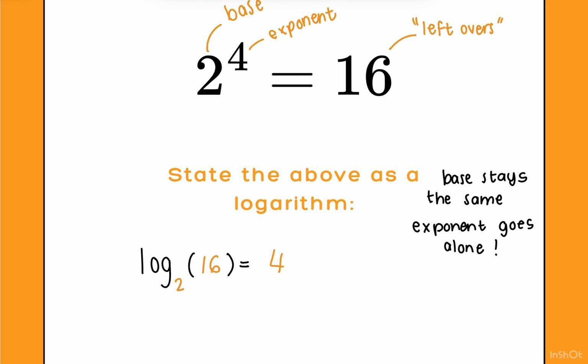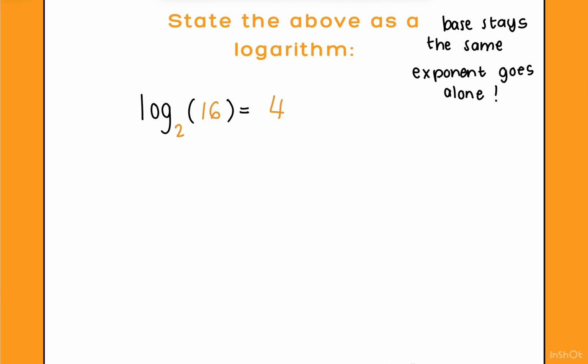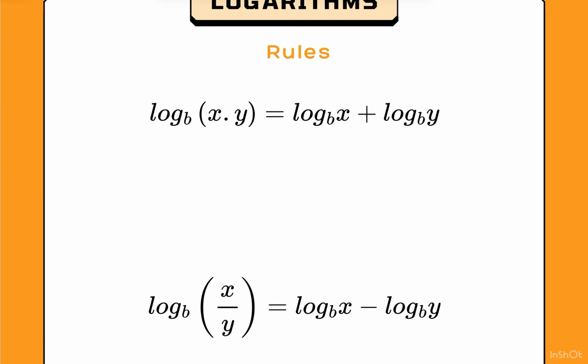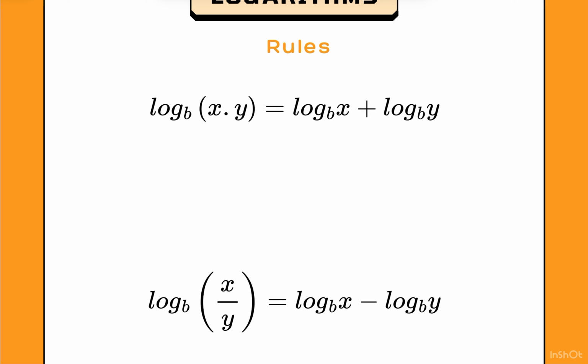So to change it from exponential form into log form, the base remains the same. The base in this case was 2. The exponent goes alone, on the other side of the equal sign. And whatever's left over goes into the brackets. Awesome. Now let's get into the rules, because this is a little bit trickier.